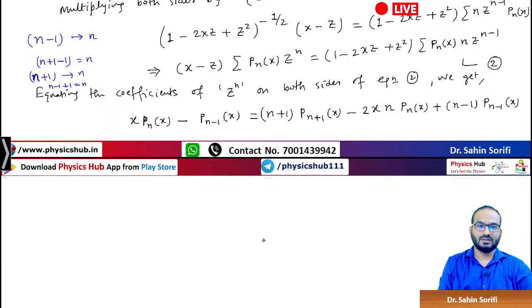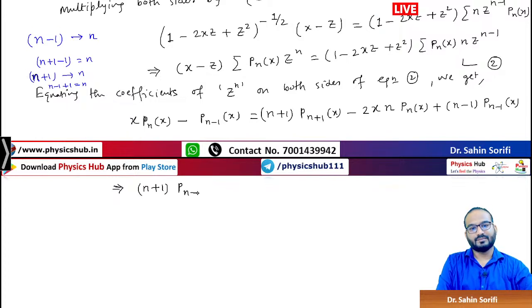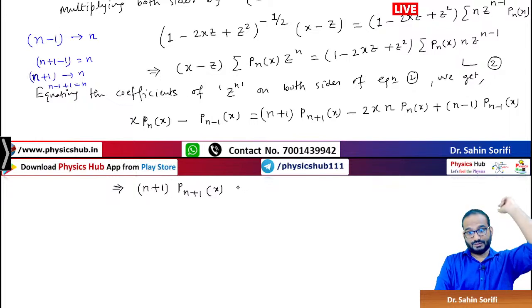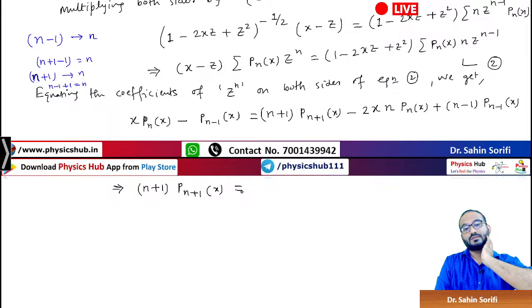Now gather the coefficients of Pn(x), Pn minus 1(x) and all. So let's gather the coefficient of Pn plus 1(x). Pn plus 1(x) is n plus 1, this is equal to Pn(x).